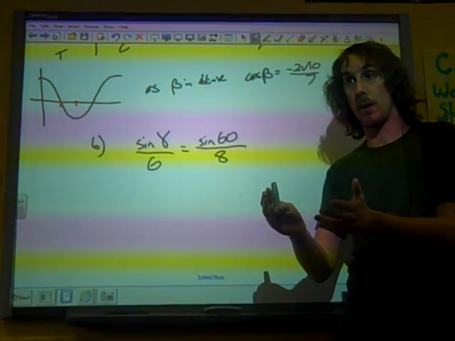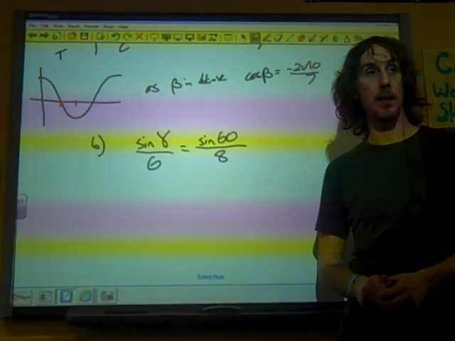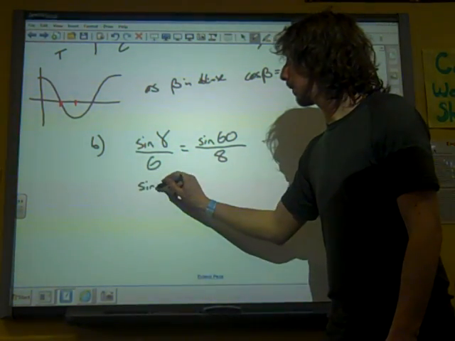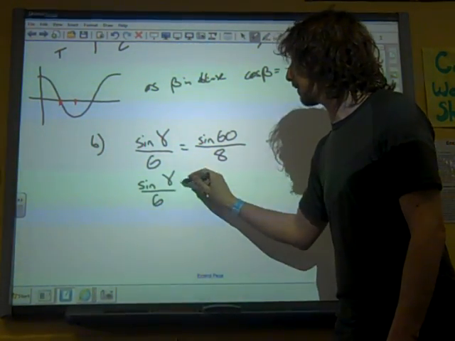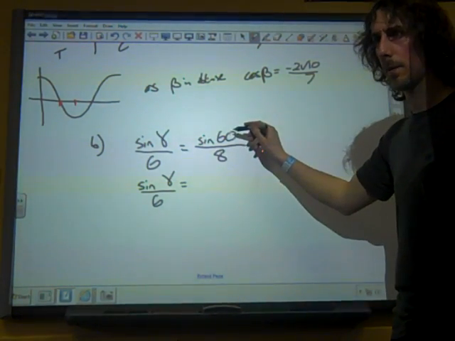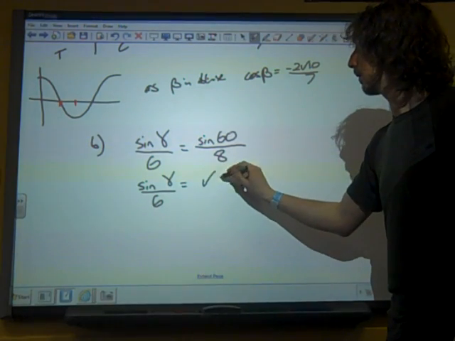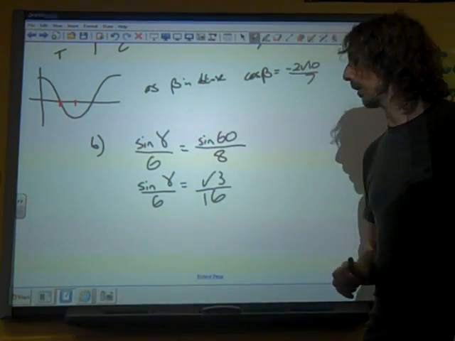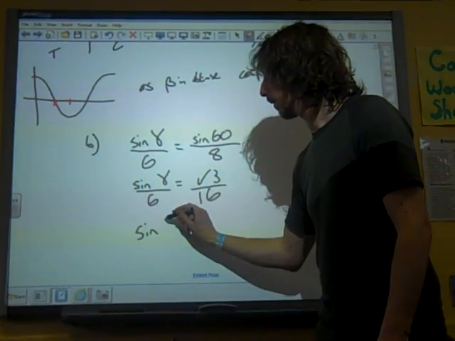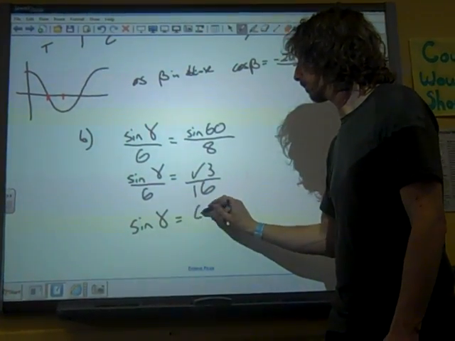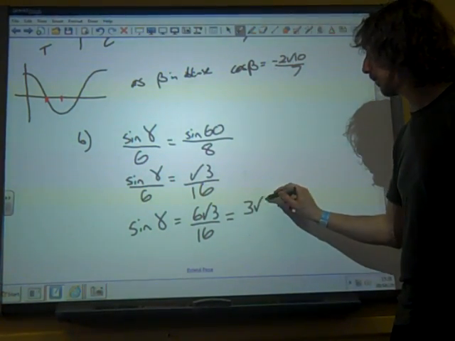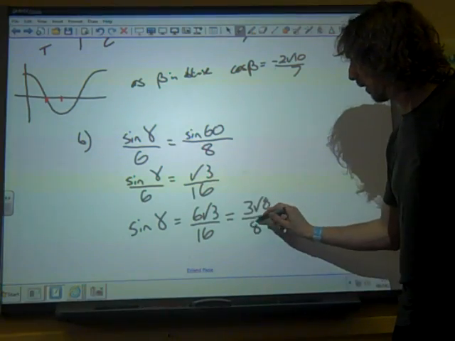If your calculator can't do it, you need to remember what that is. Sine 60 is root 3 over 2. So sine gamma over 6 is root 3 over 2 divided by 8, which is root 3 over 16. We multiply through by the 6 to get sine gamma on its own, which will cancel down to 3 root 3 over 8.